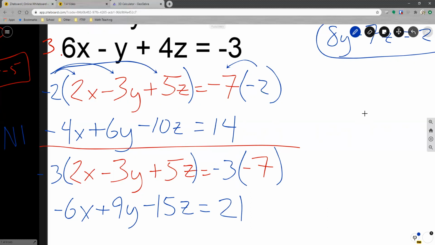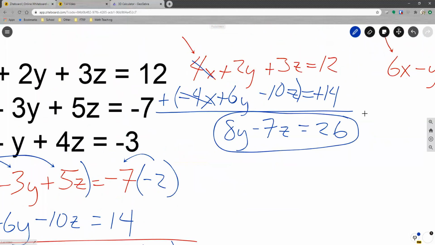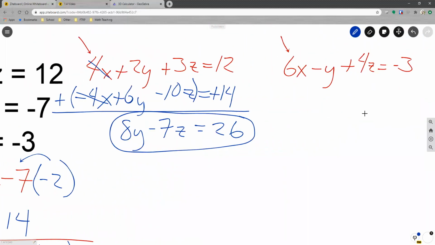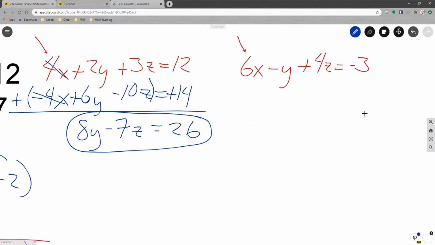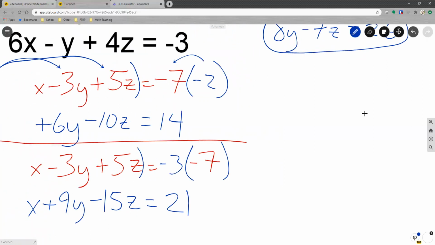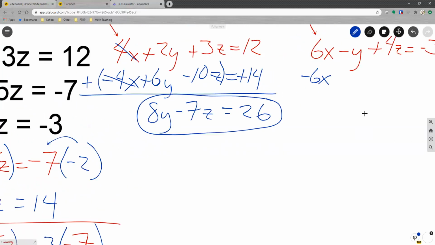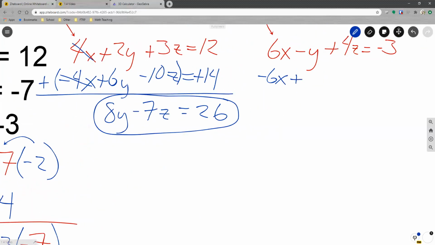So I have -6x plus 9y minus 15z equals 21.